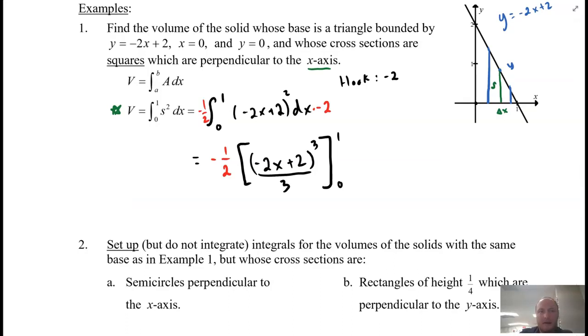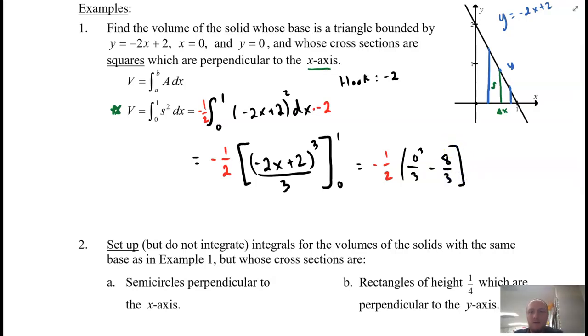So I'll go ahead and compute this. Negative 1/2 times, if I plug in 1 here, we get negative 2 plus 2, that's going to be 0, so 0 cubed over 3, minus, if I plug in 0, we get 2 cubed, which is 8 over 3.